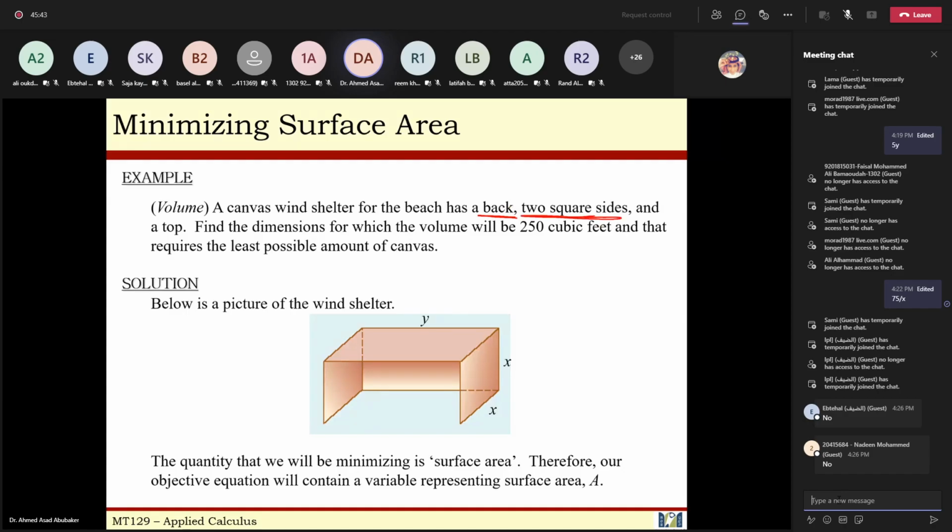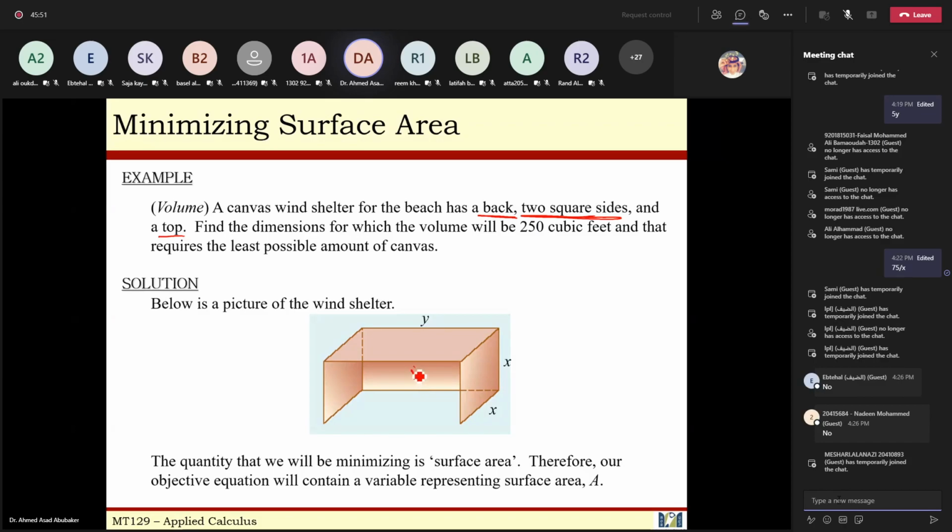Square means the dimension x by x, and a top. So we have the back, this is the back, 2 square sides, this one and this one, number 2 and 3, and the top, this is 4. So we have 4 surface areas.